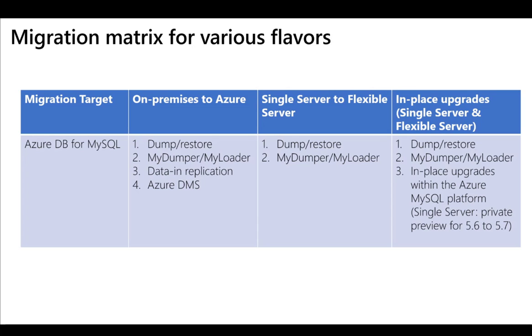But regardless of the source, whether it's on-premise, AWS, GCP, or single server to flexible server, the approach we presented here can be applied in all the different use cases. So dump and restore is for offline migration, and dump and restore plus replication is for near zero downtime migration.